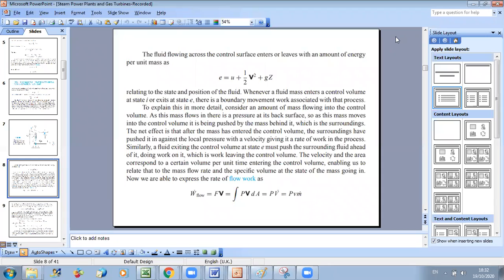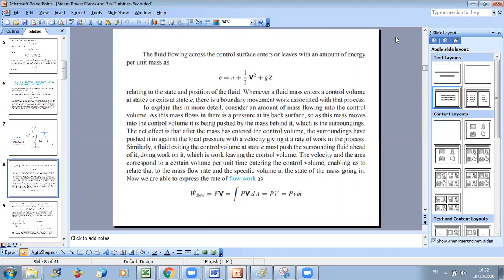Imagine that I have a flow entering a system at a very high temperature. As it goes through my system, it will lose of its internal energy and it will exit at a lower energy. So the mass flow rate that is entering and leaving will affect the energy of my system.